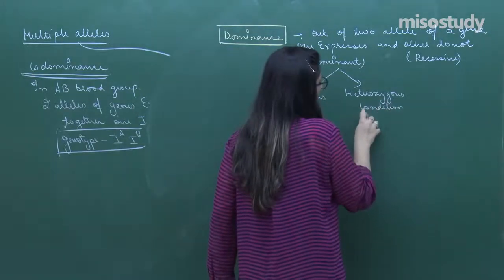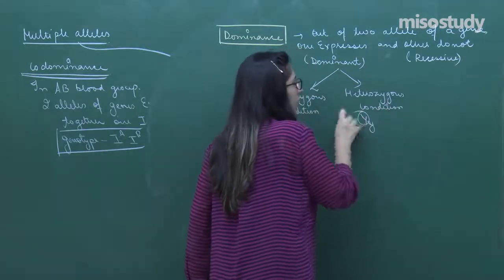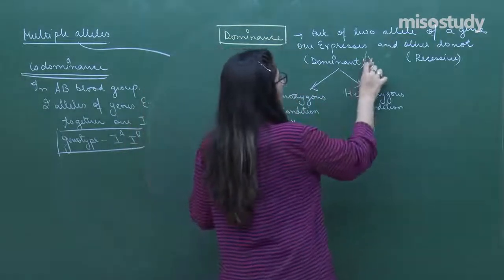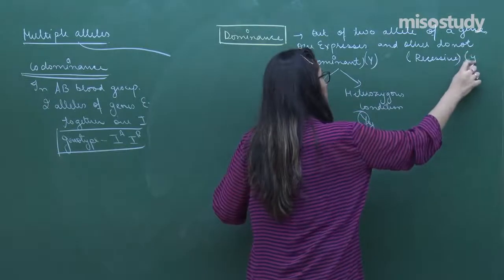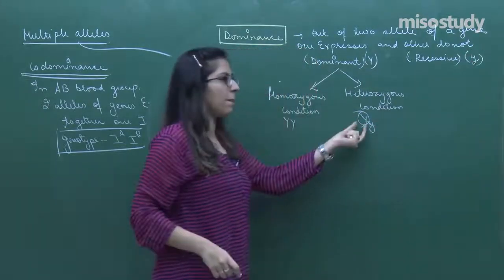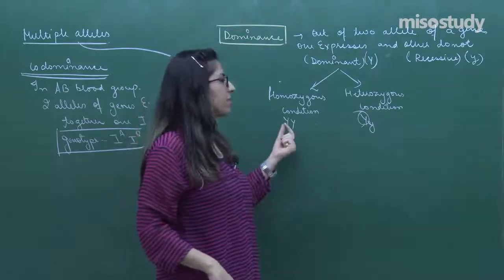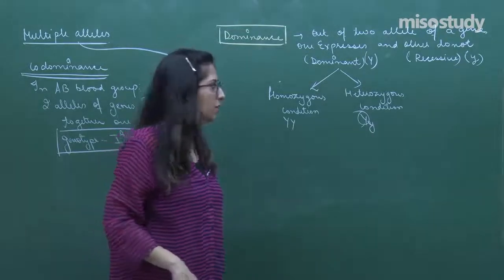For example, capital Y, small y. Suppose the dominant gene is capital Y and the recessive gene is small y. In this case, capital Y will express, small y will not be able to express, whereas capital Y will express in the homozygous condition as well.